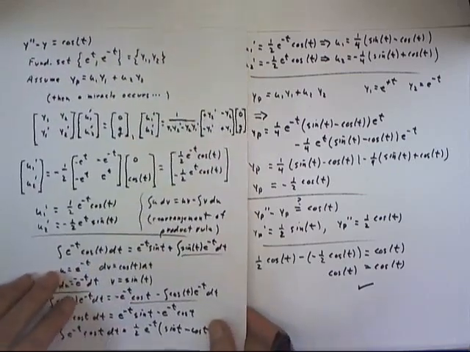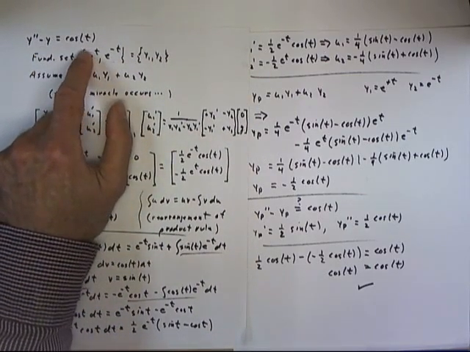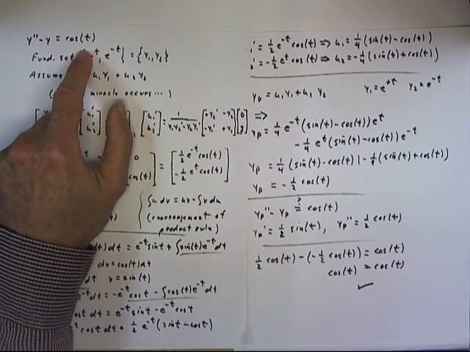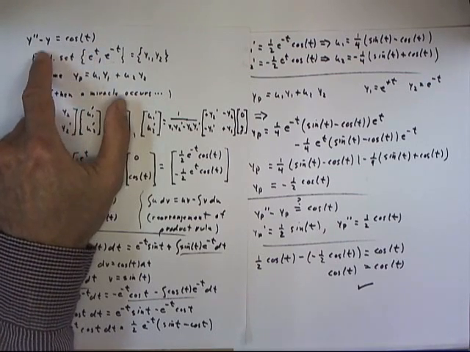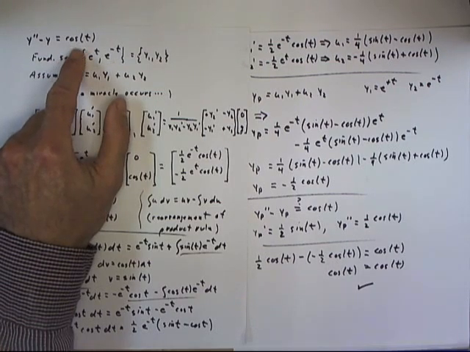Now it was actually a lot easier when we solved this equation to use the undetermined coefficients method, knowing that our y function would have to be some combination of sine t and cosine t, some linear combination of sines and cosines.